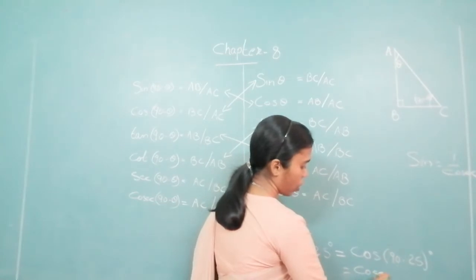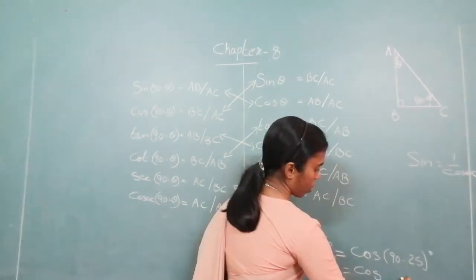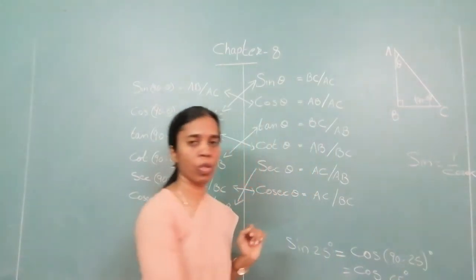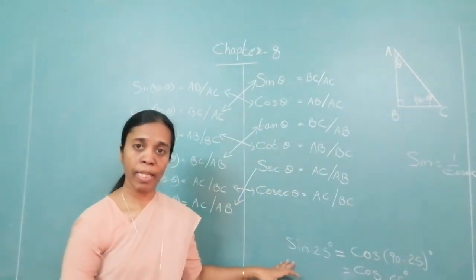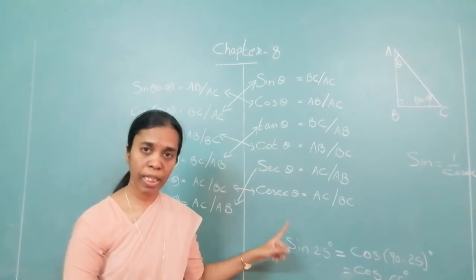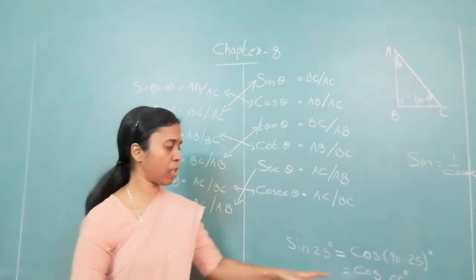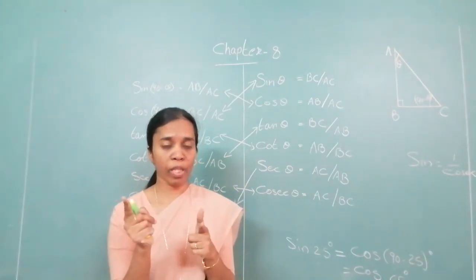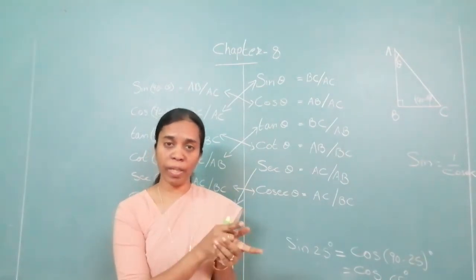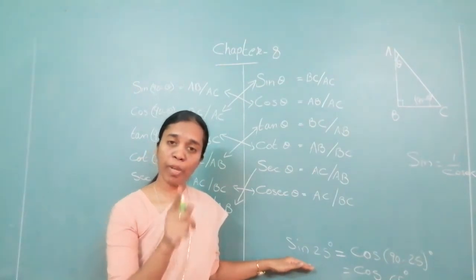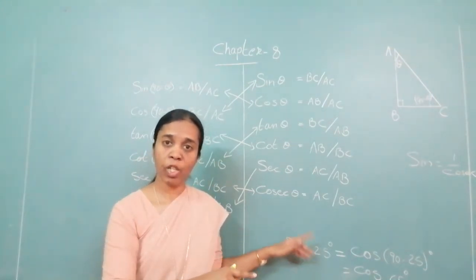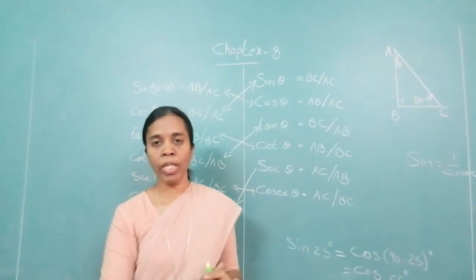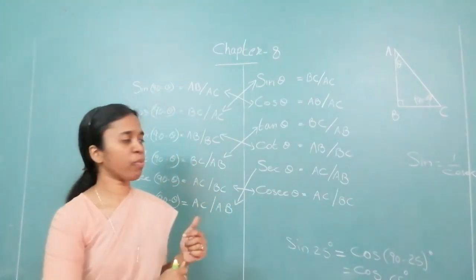That is cos 65 degrees. So both are the same. Sin 25 degrees is the same as cos 65 degrees, not cos 25 degrees. Sin 25 degrees is cos 90 minus 25, that is cos 65. This is how we write it in terms of the other.